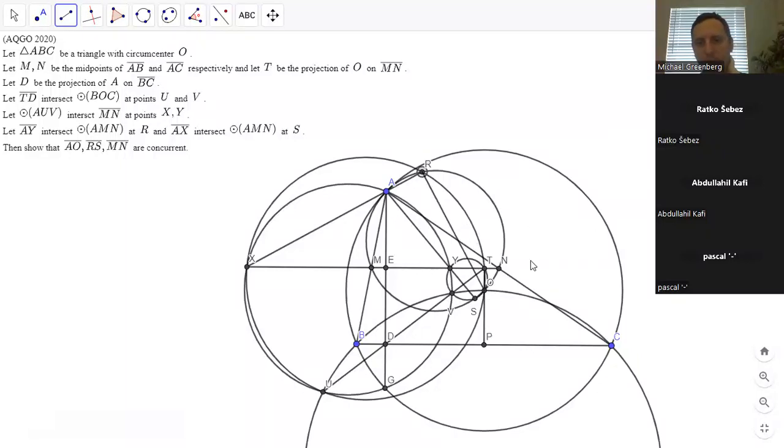So is it obvious that these points lie on that circle? By definition, R and S lie on that circle. Okay. So we know that AO is a diameter of this, so from that it follows that angle YSO is 90. So we know that YTOS is cyclic. We don't know that V lies on it. But we know that YTOS is cyclic, and we know that XTOU is cyclic.